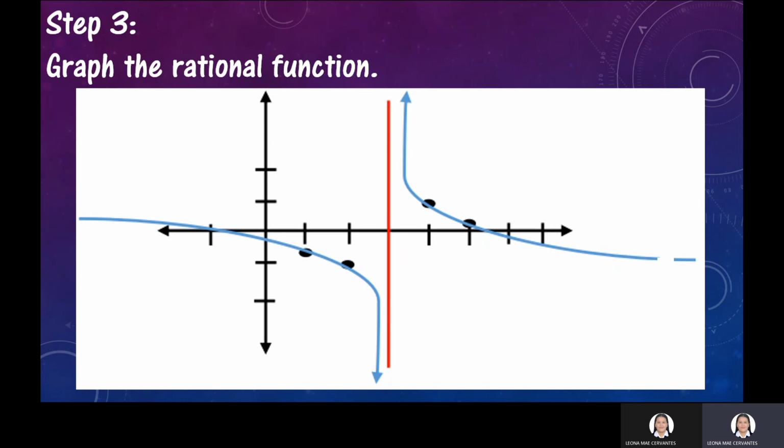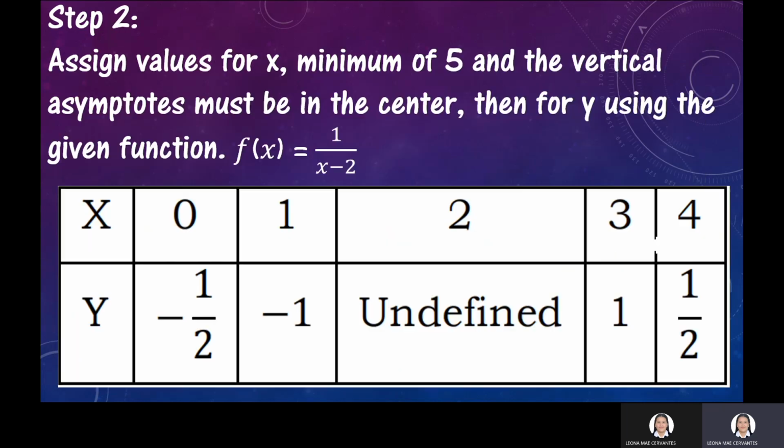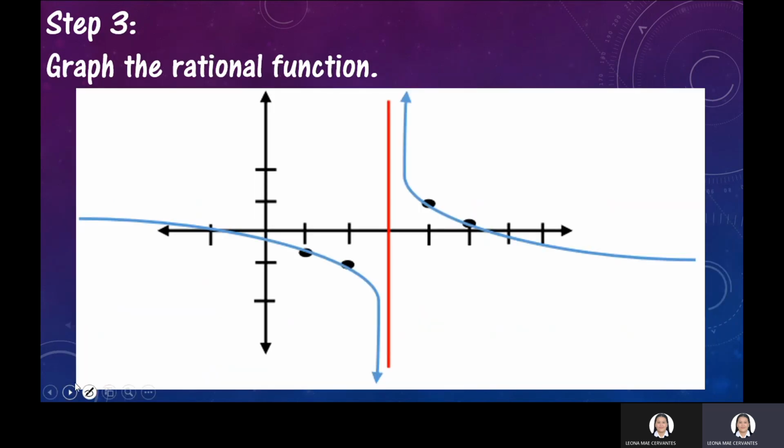Next, step 3. Graph the rational function. So, we will use this table for graphing the rational function. We have 0 and negative 1 half. Then 1 and negative 1.